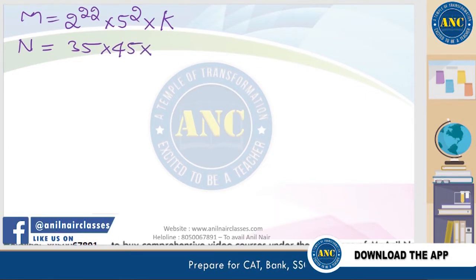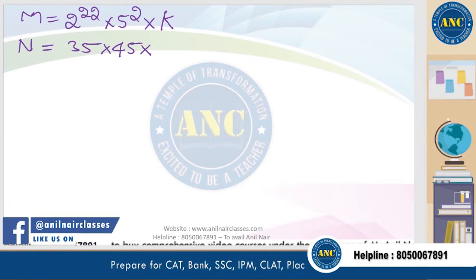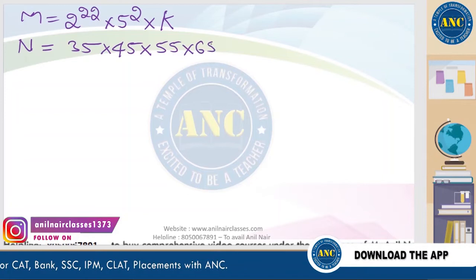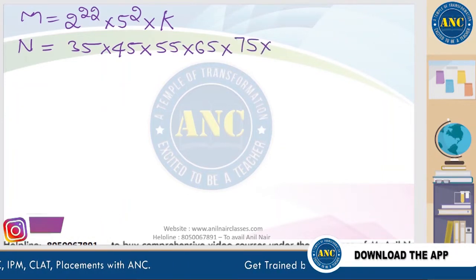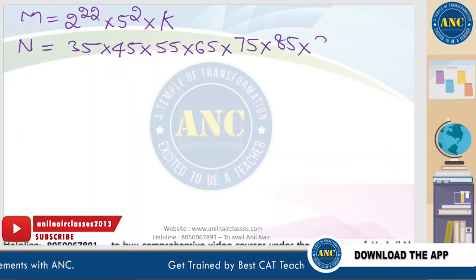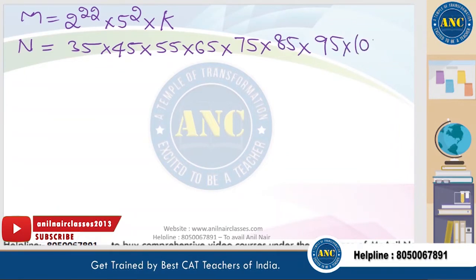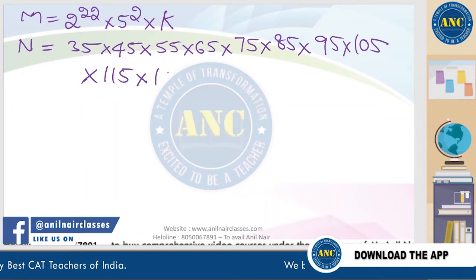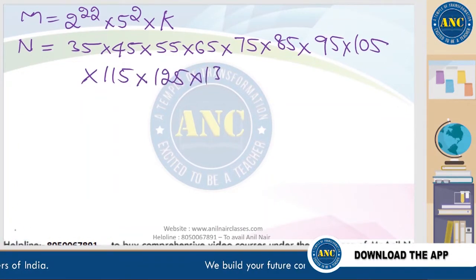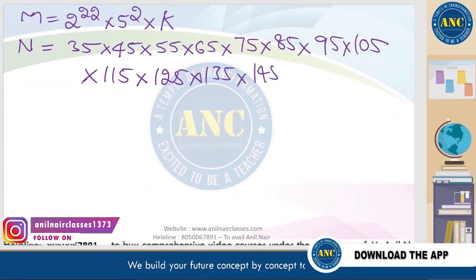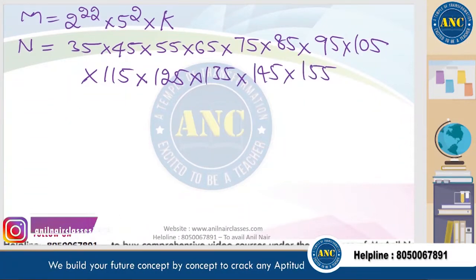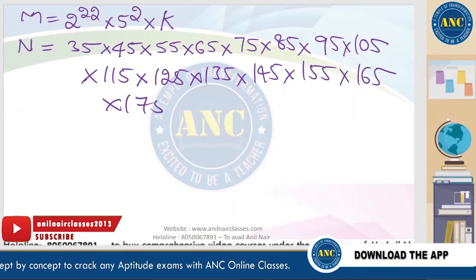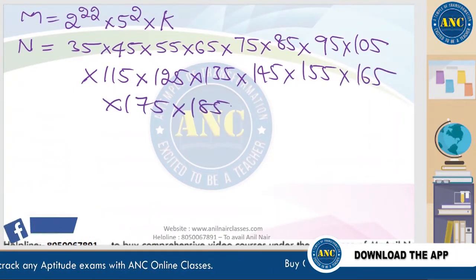Number of zeros is dependent on 2 and 5. 35, 45, 55, 65, 75, 85, 95, 105, 115, 125, 135, 145, 155, 165, 175, 185, 195. Till here it is clear, right?